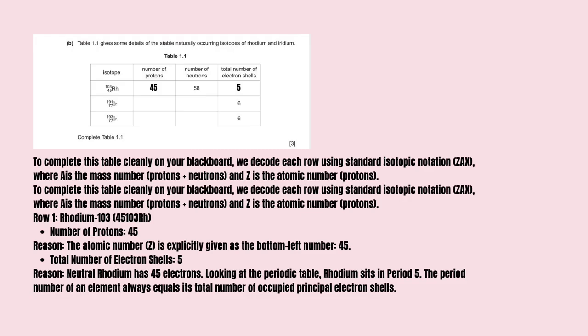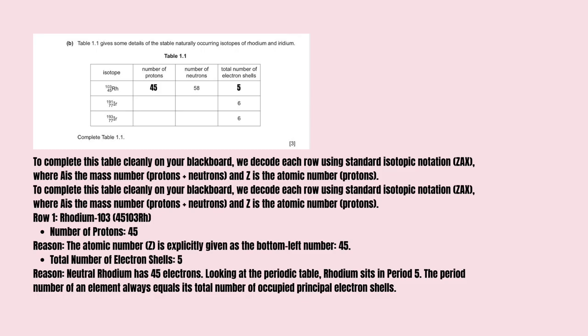And then the next question is to complete this table cleanly on your blackboard. We decode each row using standard isotopic notation, where A is the mass number and Z is the atomic number.